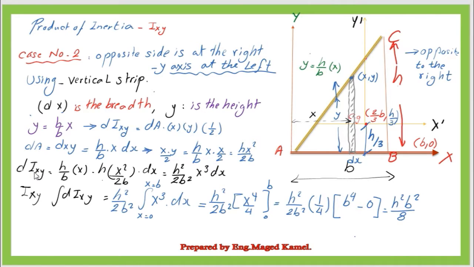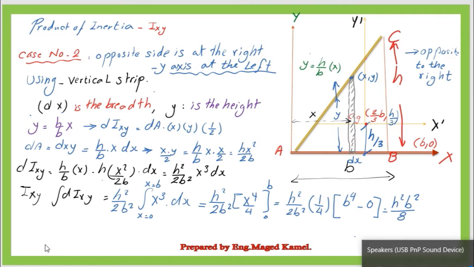Regarding the product of inertia for that strip, dIxy equal to dA, which is already hx over b dx, multiplied by hx squared divided by 2b. We are going to readjust these terms. So dIxy equal to h squared divided by 2b squared multiplied by x cubed dx.